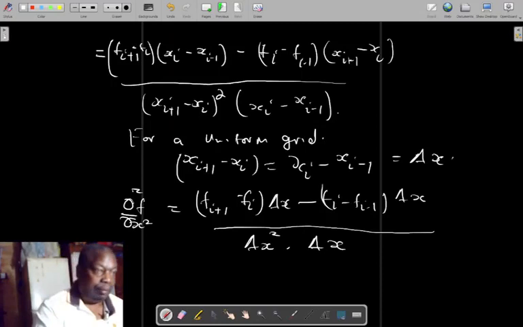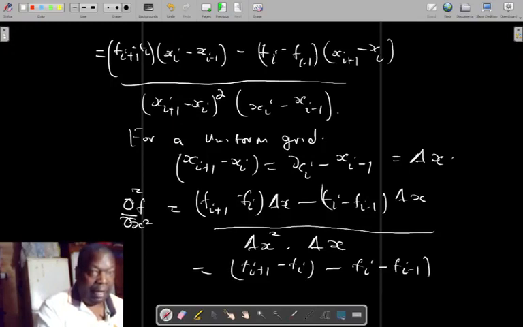So this becomes f(i+1) minus f(i), minus f(i) minus f(i-1), divided by delta x squared.